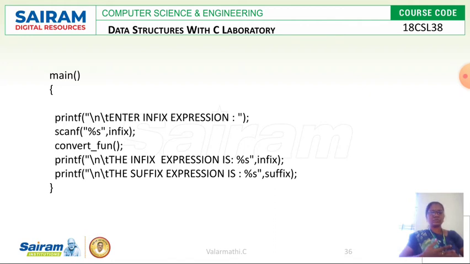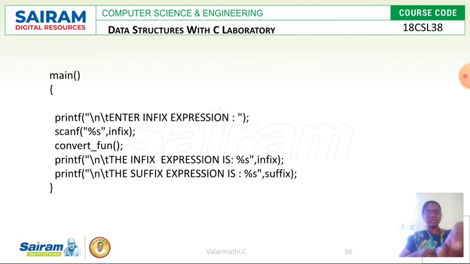So this infix expression is scanned by scanf using %s of infix. So this will be stored in the infix array, right? Then for printf purposes, the infix expression and the suffix expression are printed.